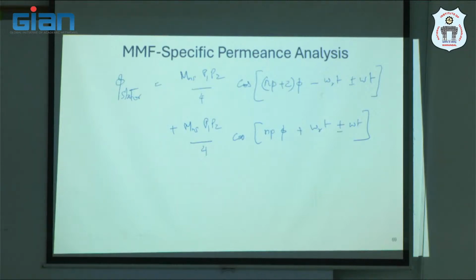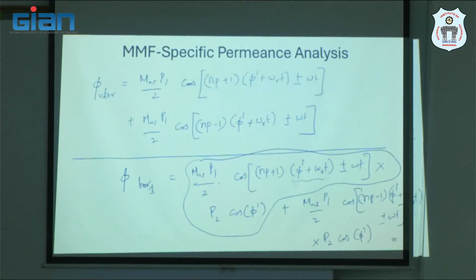So this flux in the air gap can induce currents in the stator windings provided the pole pair numbers of this function match that of the pole pair number of the original stator MMF. What is the original stator MMF?